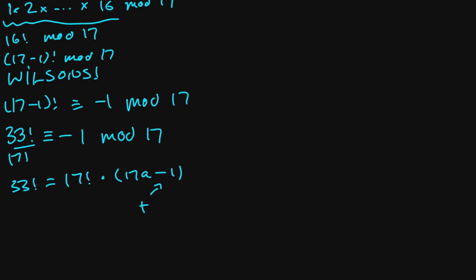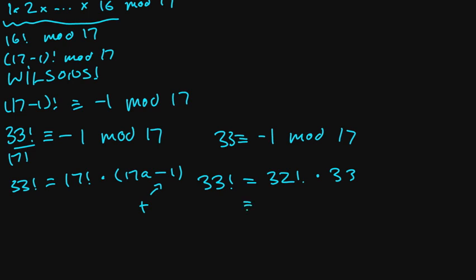Well, note that 33 is congruent to negative 1 mod 17. So 33 factorial is equal to 32 factorial times 33, which is congruent to 32 factorial times negative 1 mod 17, because 33 is negative 1 mod 17.